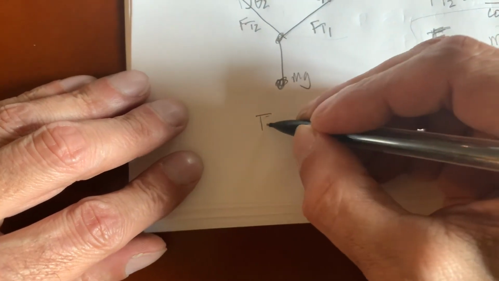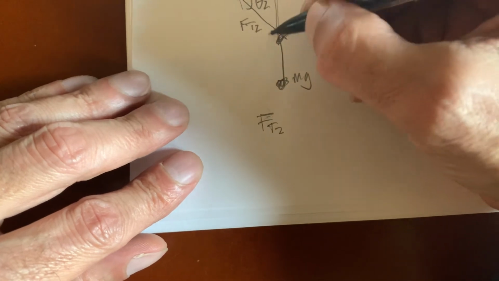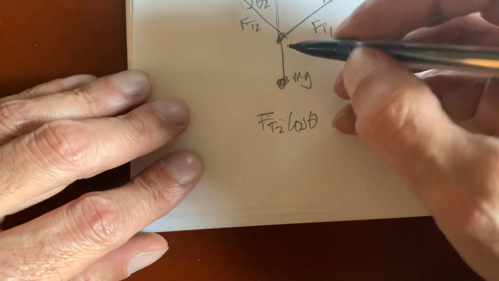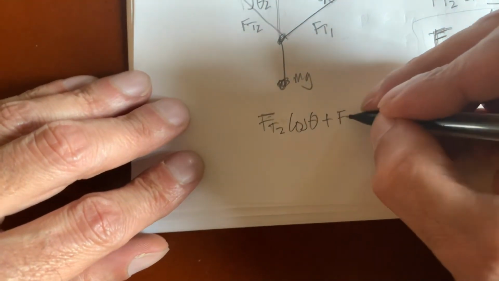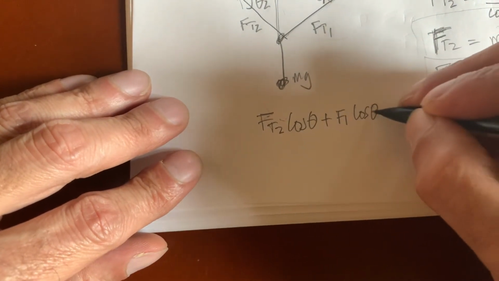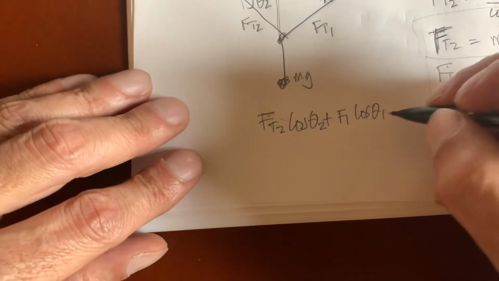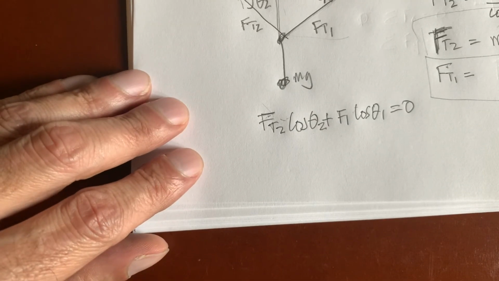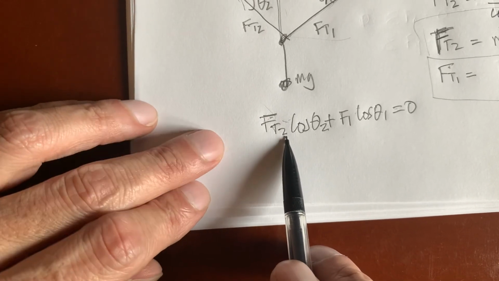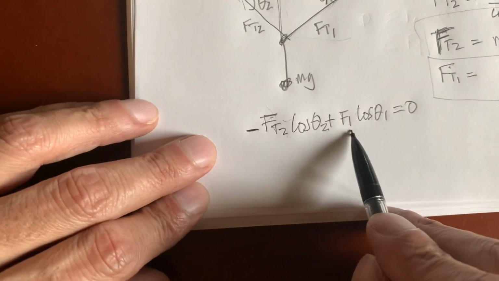So we would basically solve it by setting up the equations to say that the forces in the x direction, which is FT2 cosine of theta 2, that's in the x direction, plus FT1 cosine of theta 1, is equal to 0. The sum of these two forces, where of course you could write this one as being in the negative direction and that one being in the positive direction.